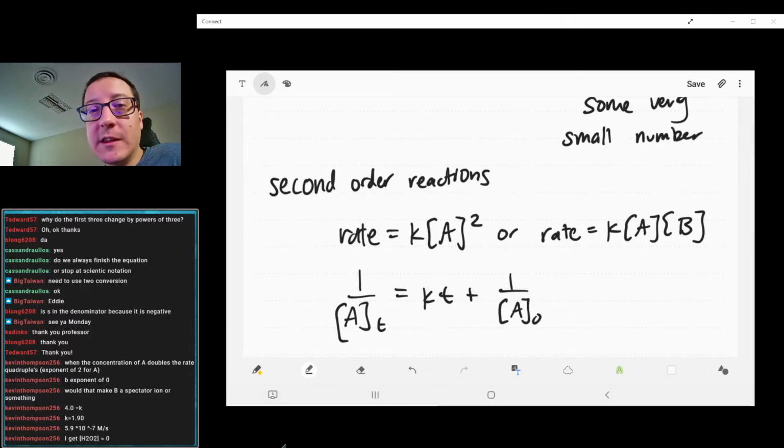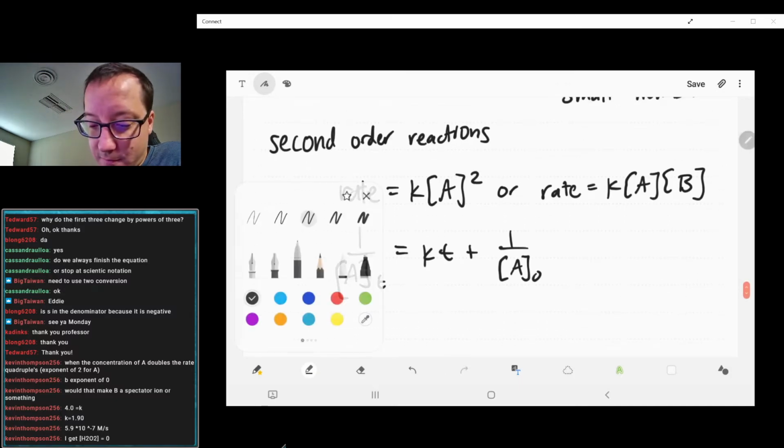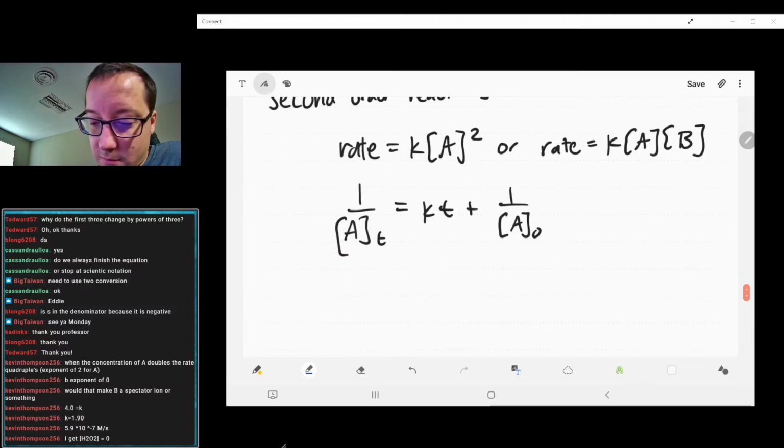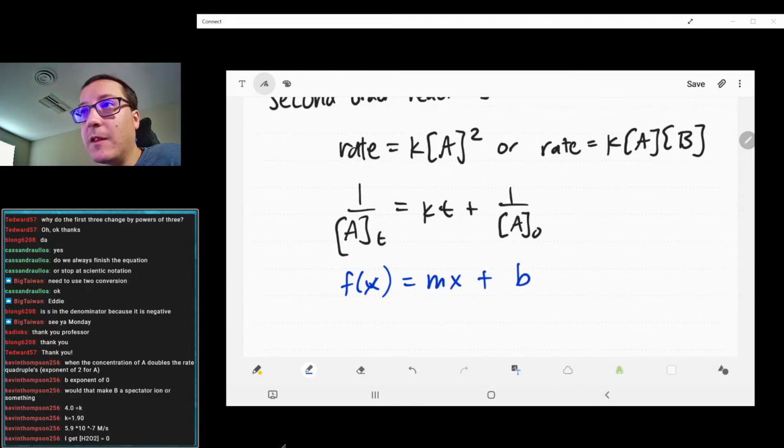Notice that all these integrated rate laws are linear equations, meaning they follow the form of mx plus b, right? f of x equals mx plus b, or y equals mx plus b, where x is our time term.